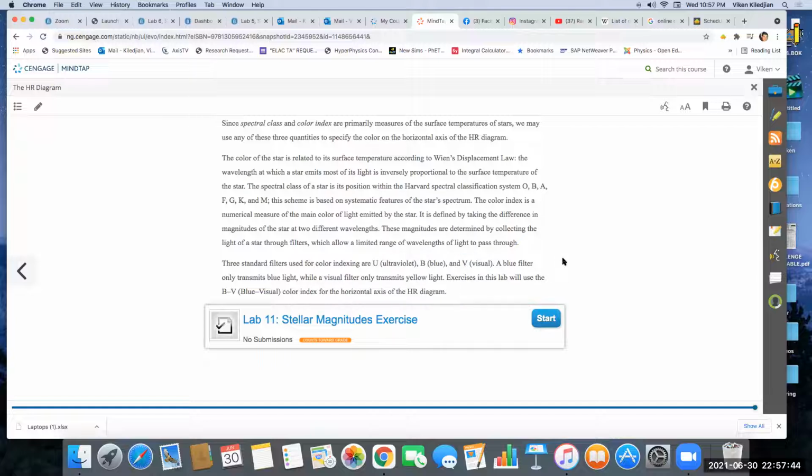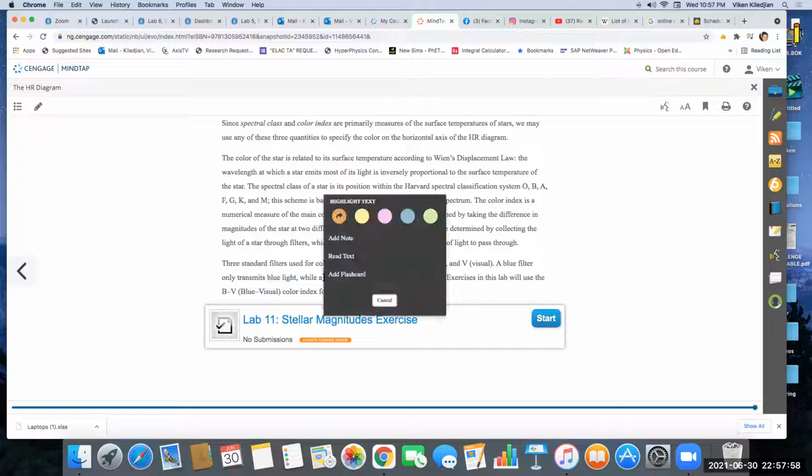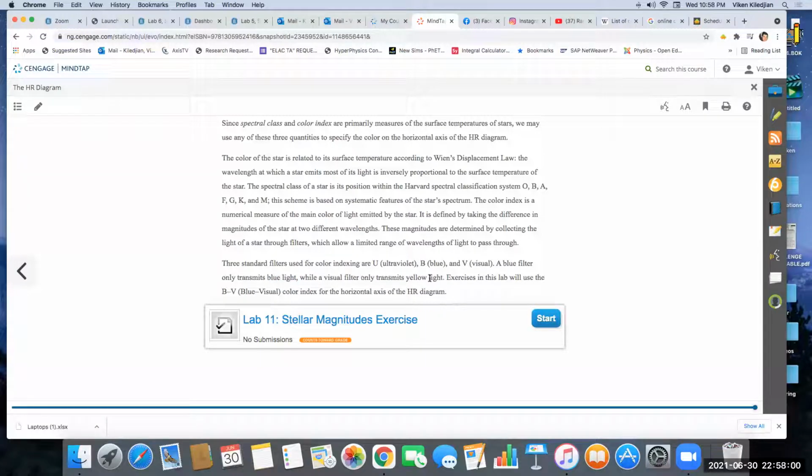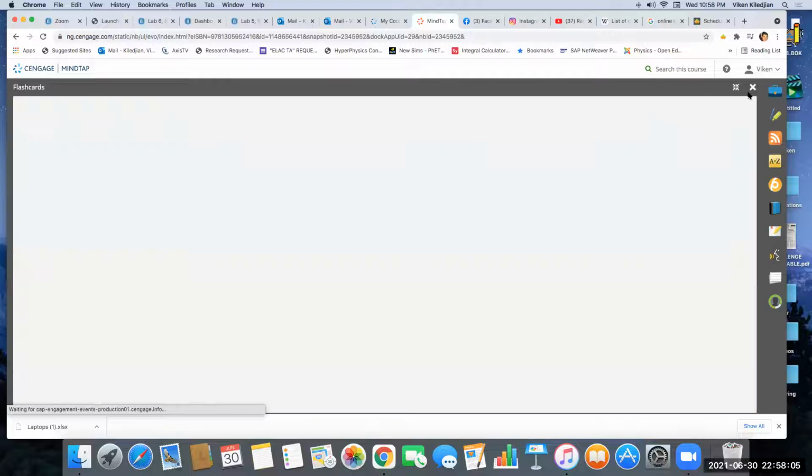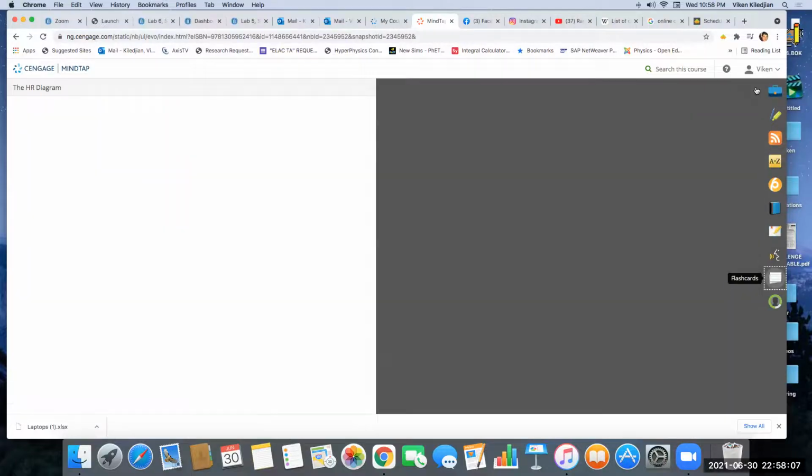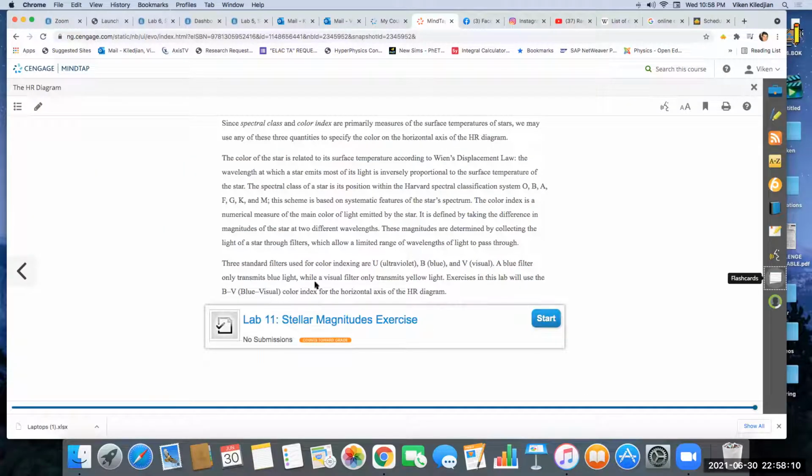The text says a blue filter only transmits blue light, while a visual filter only transmits yellow light.